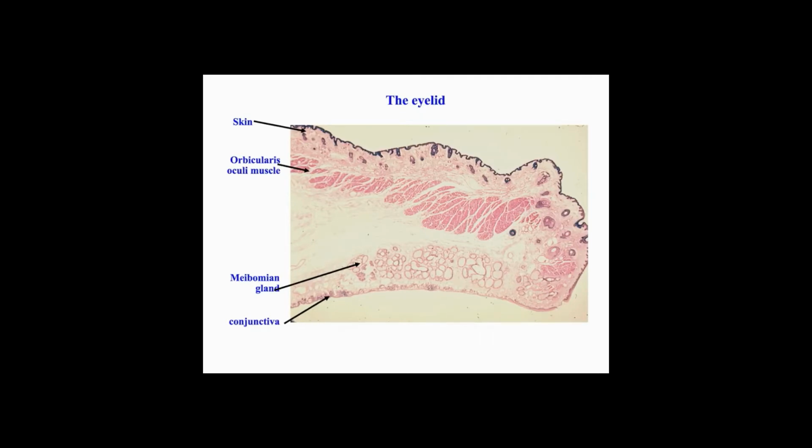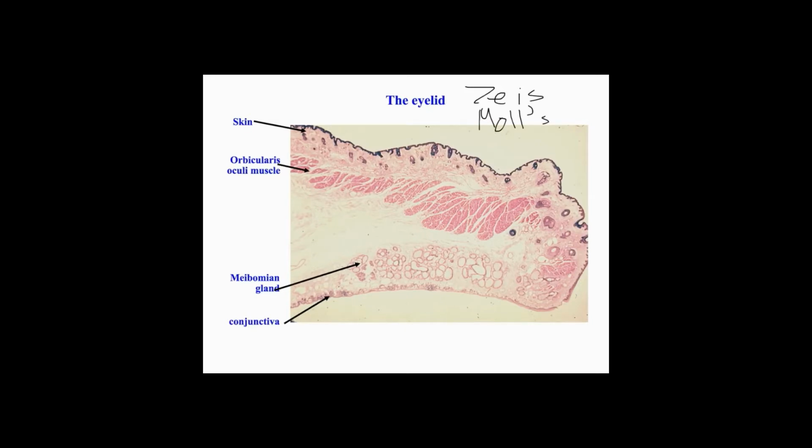Also here, as regards the hair follicles of the skin, the hair follicles are accompanied with a sebaceous gland, which is called gland of Zeis, and an apocrine sweat gland called Moll's glands. So take care.